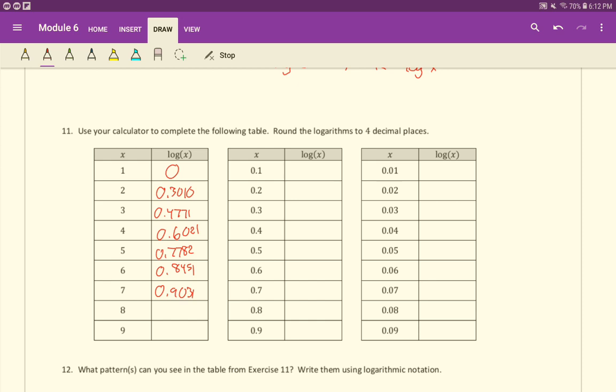I missed 5: 0.6990, 0.7782, 0.8451, 0.9031, and then 0.949542.